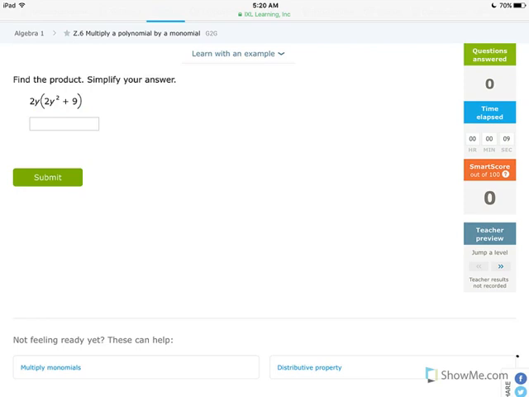If we look at this one, your 2y is going to distribute in. So 2 times 2 should get you 4. And then you have y multiplied by y squared, so it's going to be y times y times y, so it's going to be y to the third. And then distribute to the next term.